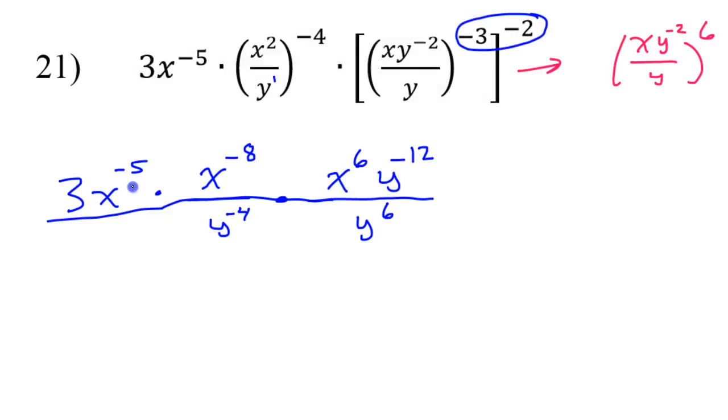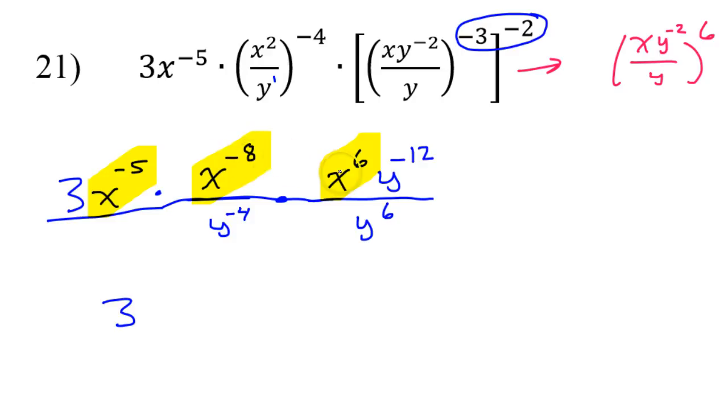So now it's time to put together any of the variables that are the same. For example, I'm looking at the x's here. So I've got x's, x's, x's. Let's put those together. So I'm going to have 3. Of course, I'm going to add all these. So negative 5 and negative 8, that's negative 13.